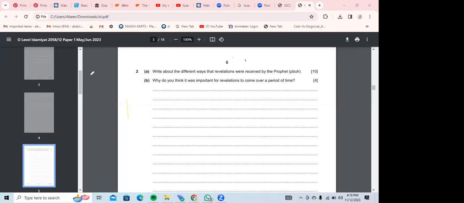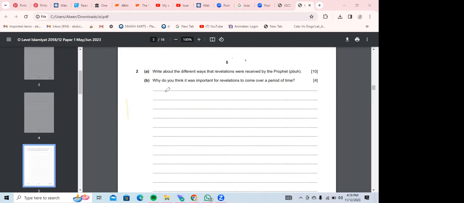Is that clear now? Also, in question number 2, part B, you have to tell what this means for Muslims nowadays, and you have to give examples. You cannot take that from any book.